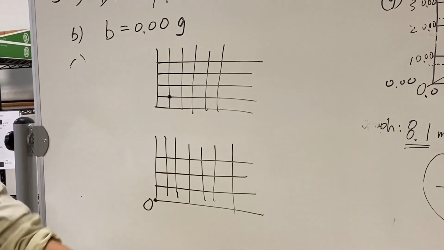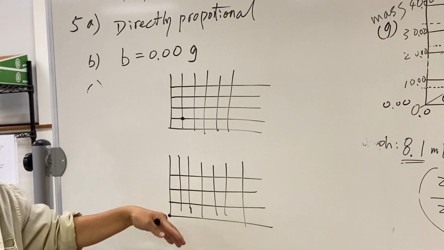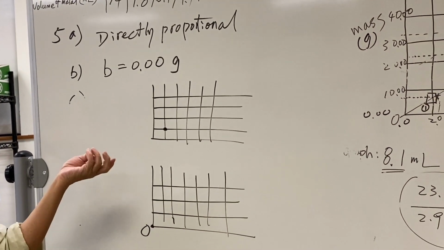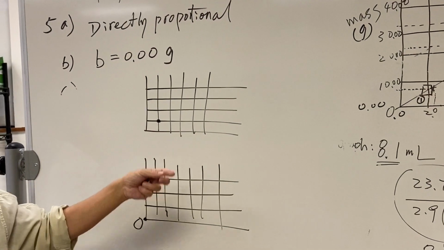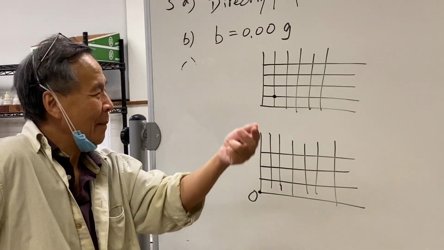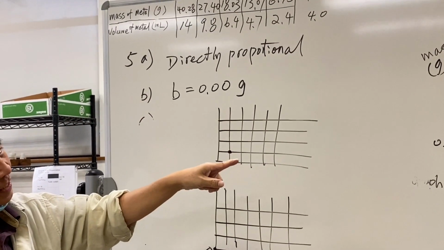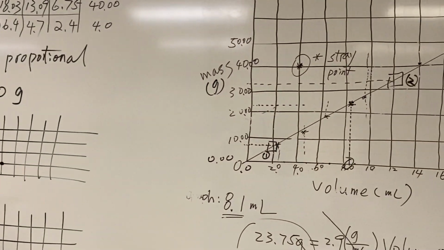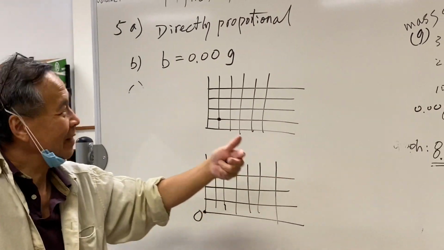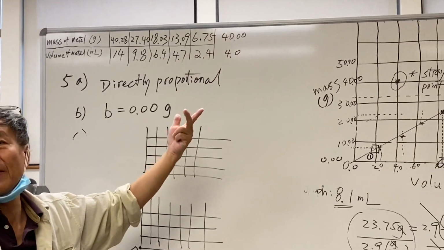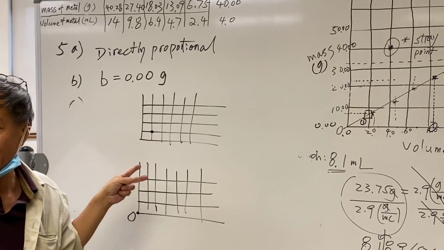Say temperature, you will have below zeros, and then say finance, if it's negative, it means you owe people money, so on and so forth, all right? However, in our case, there is no negative volume. There is no negative mass, all right? So therefore, it makes no difference.